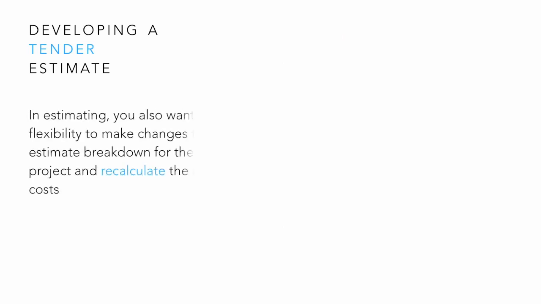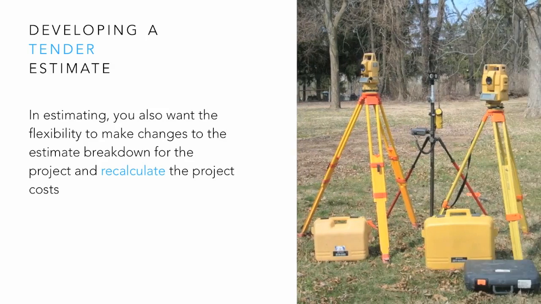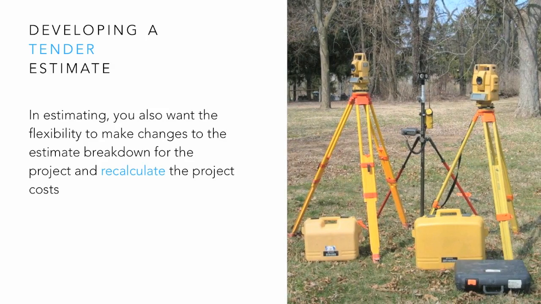In estimating, you also want the flexibility to make changes to the estimate breakdown for the project and recalculate the project costs. The additional function of tracking costs as the project progresses also needs to be considered.